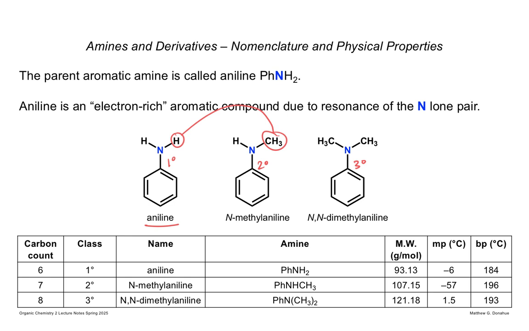And these have really, really high boiling points. So the nitrogen, if it's NH2 or NH, can be a hydrogen bond donor or acceptor. The tertiary can only be an acceptor.